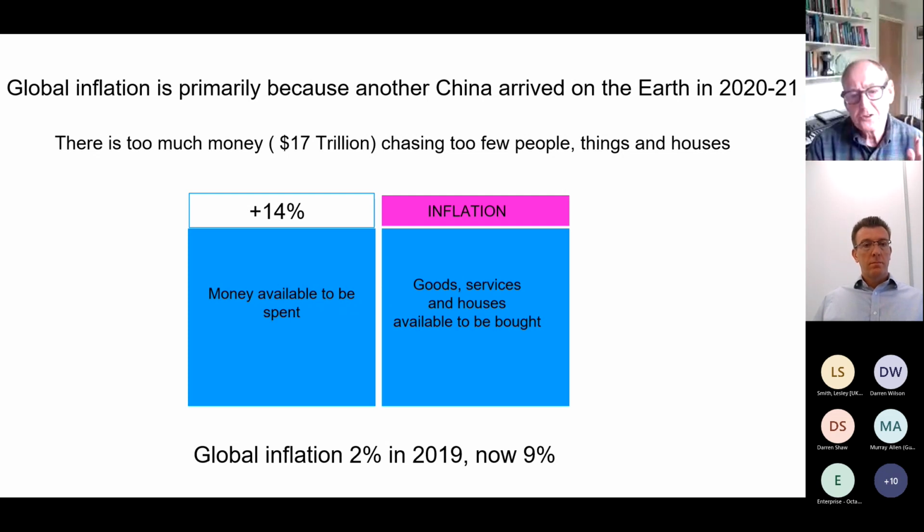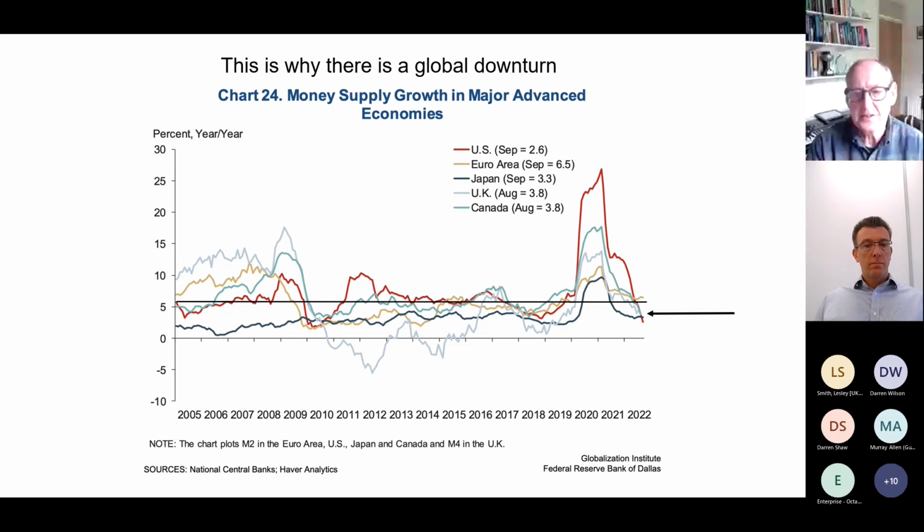And if we go to the next chart, you can get some sense of what's going to happen over the next 18 months. If you look at this, this is the major economies' money supply, what's going into their pipes. And globally, we need on average 6% growth in money, which is consistent with a real growth rate globally of 4 and an inflation rate of 2.